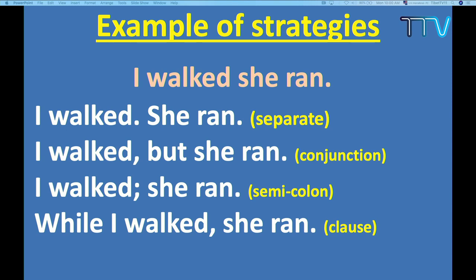And the third one, you remember semicolon? I walked; she ran. So instead of using a comma and conjunction, you can use a semicolon. Many of us are not familiar with the semicolon. Even I don't use a semicolon much.